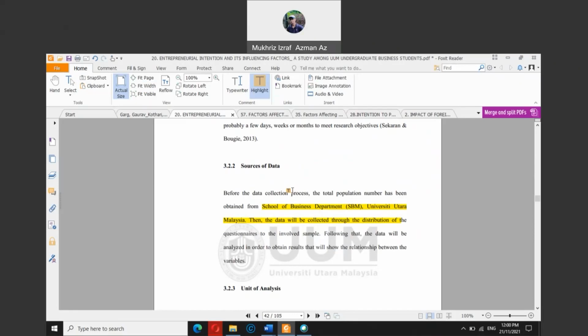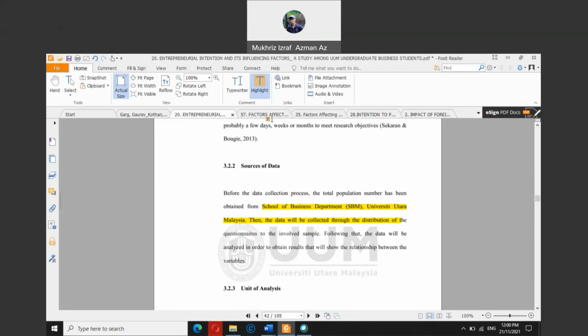So population is basically the focus of your analysis, which usually will be reflected in the title of your project as well. So that will give you an immediate indicator of what is the population of your research, of your study.